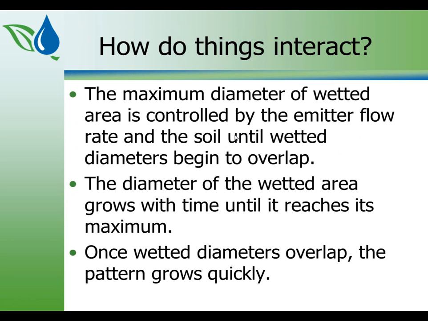The diameter of the wetted area grows with time until it reaches a maximum. And the maximum it reaches is such that the emitter flow rate divided by the wetted area is equal to the infiltration rate. Once it gets to that point, it quits expanding.